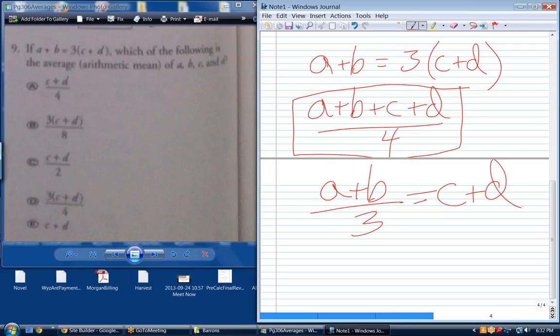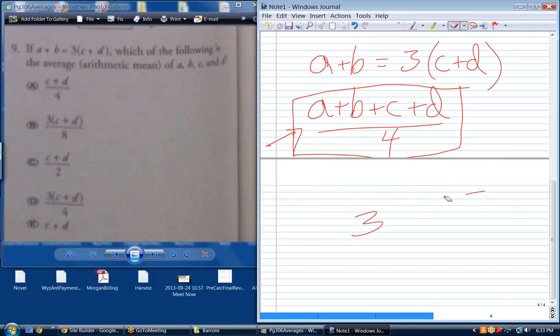Now what? Then you multiply both sides by 3. Well, let's go back up to this expression, which is what we're looking for. Actually, I didn't even need to do this step, particularly since all the answers are in terms of C and D. By doing this step, I'm going to put everything in terms of A and B, and that won't work.